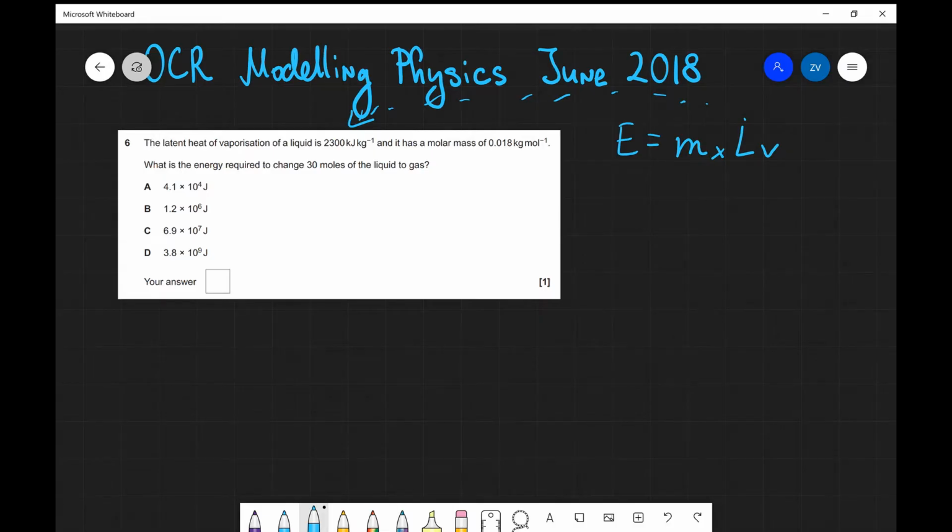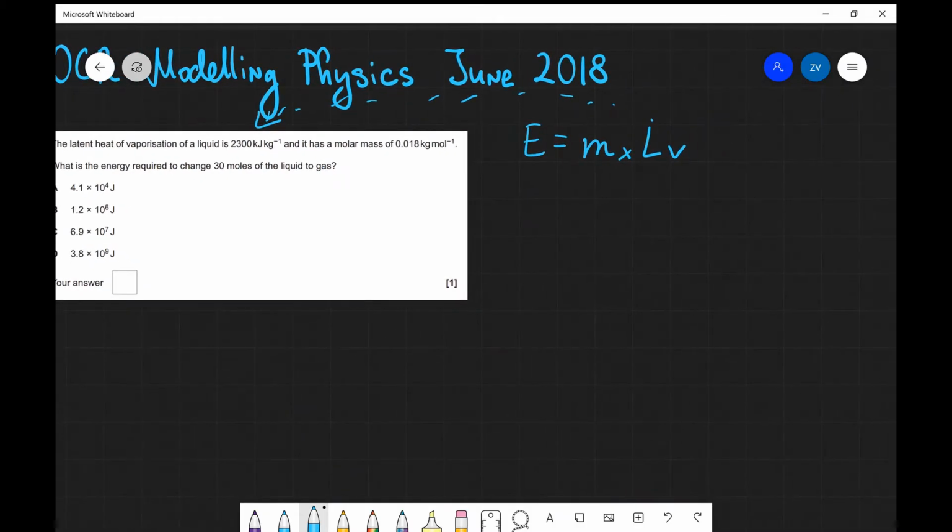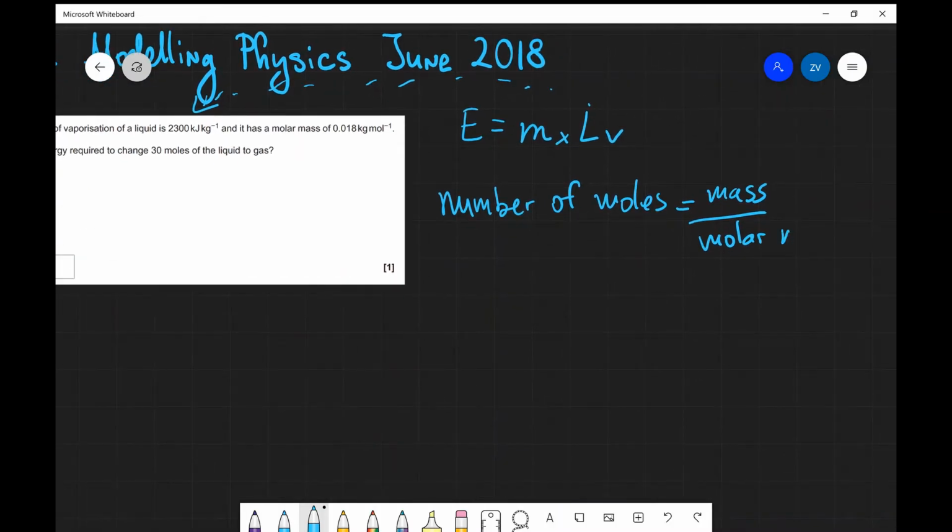If you remember from my number of moles video, the number of moles is given by your mass divided by the molar mass. In this case we have the number of moles, that's 30. We have the molar mass, which is 18 grams per mole, so we can calculate the mass.